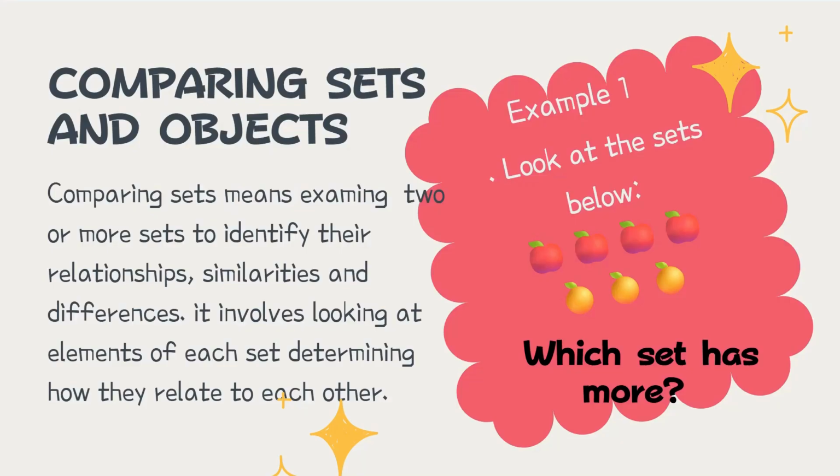What else can you tell me about the picture? Students? What about Tonian? I am seeing that the apples is a set of 4 and the orange is set of 3. Great. Now, which set has more? The apples. Right. You're correct.